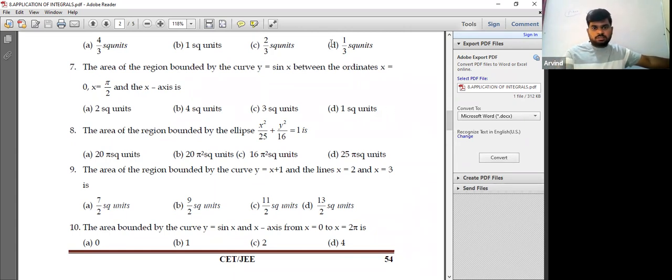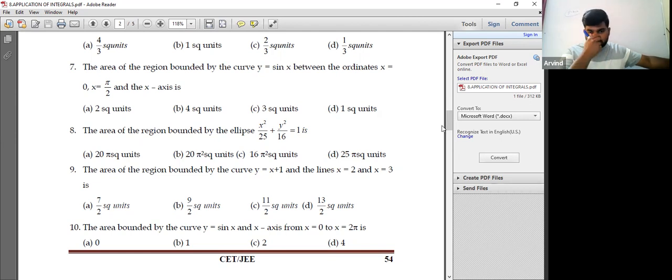Done. The area of the region bounded by the curve y is equal to sin x, you should get it as 1 square unit. Okay. The same thing, just observe the 10th one.